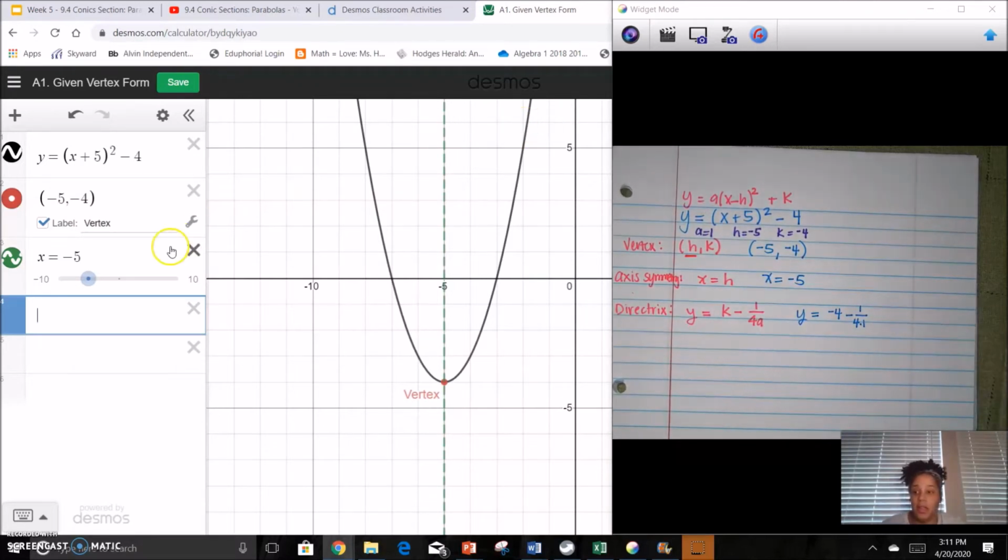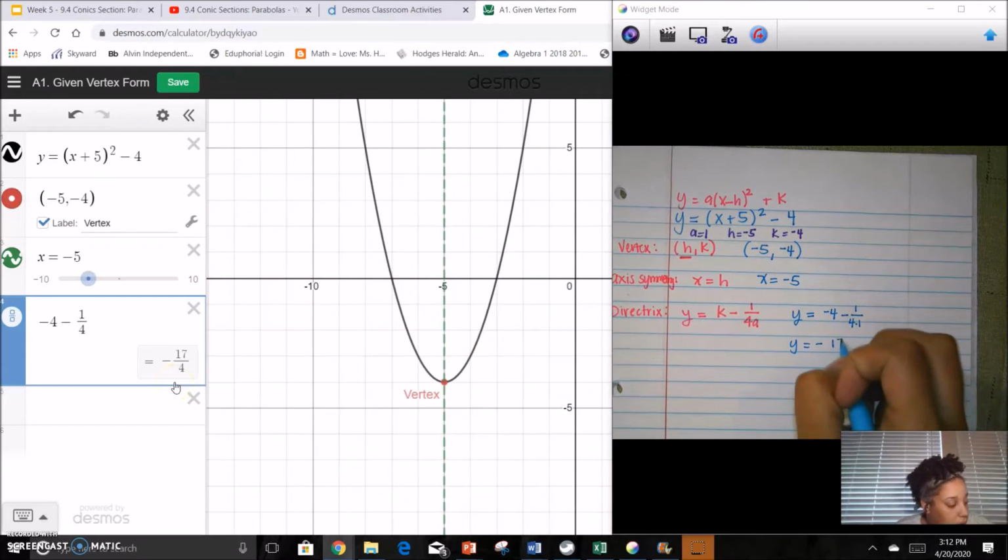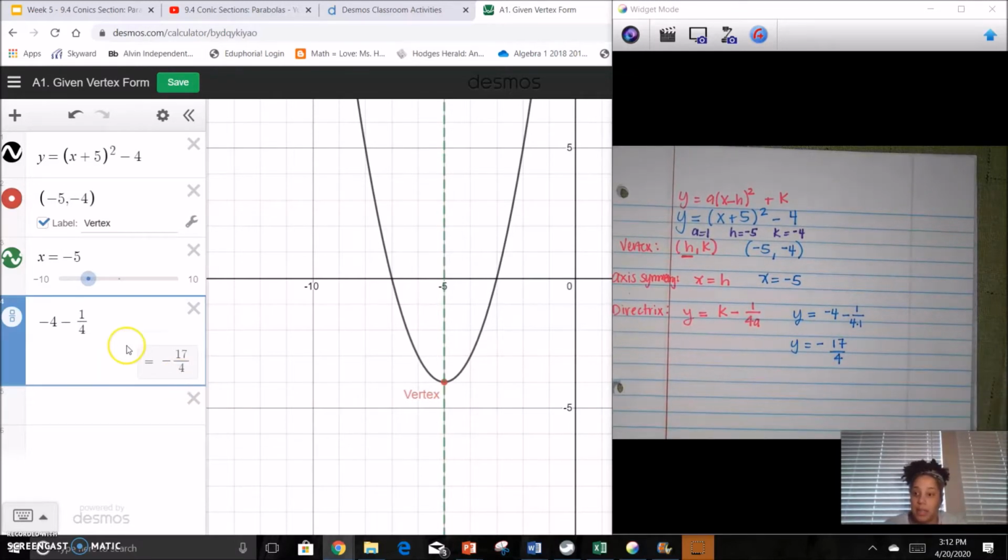And then you can actually type that in here to get the answer. So -4 minus 1 divided by 4 is -17 over 4. So that's what I want my answer to be.